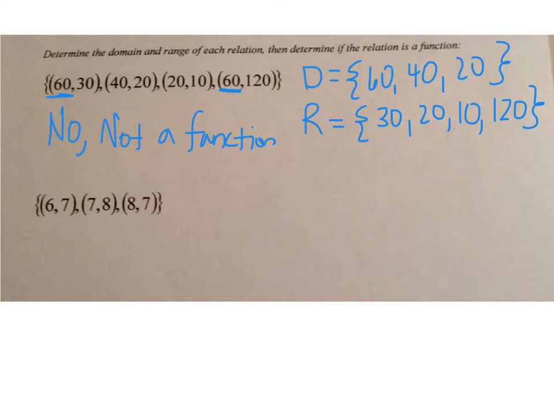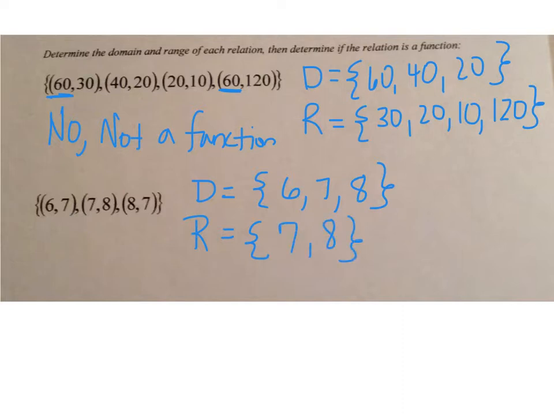So let's look at this next relation. We're not sure if it's a function yet. So the domain in this case is 6, 7, and 8. And the range is 7, 8, and 7, but I only have to list 7 once. So that's going to be 7, 8 is the range.